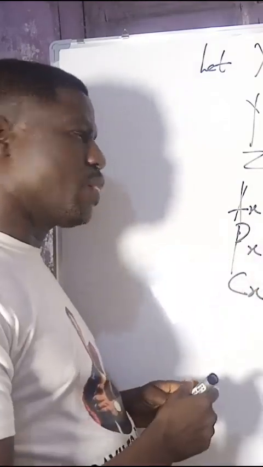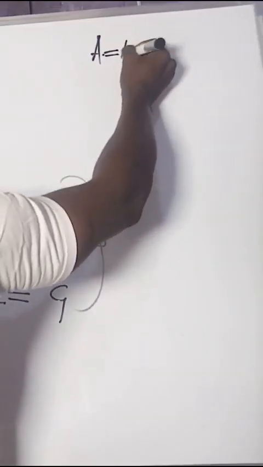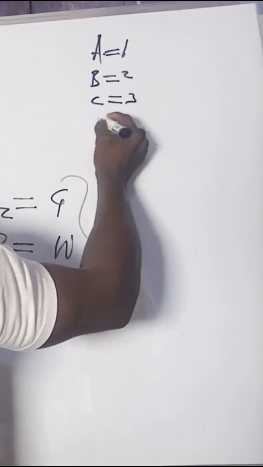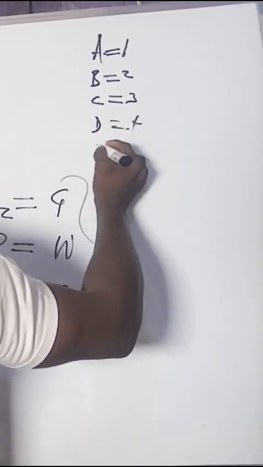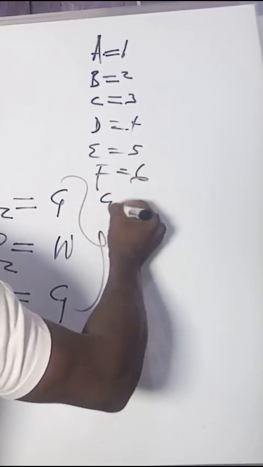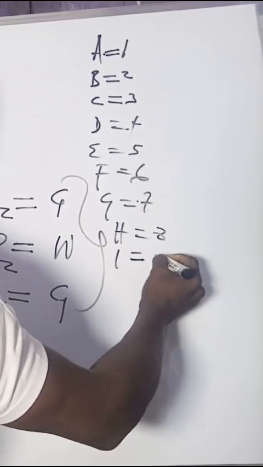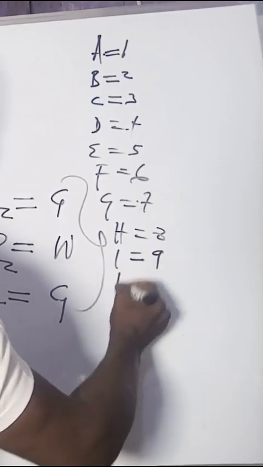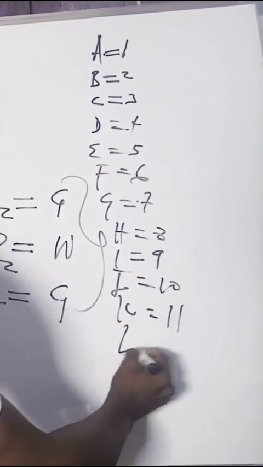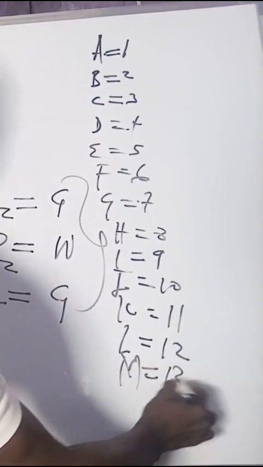In numerology, we are made to understand that A is equal to 1, B is equal to 2, C is equal to 3, D is equal to 4, E is equal to 5, F is equal to 6, G is equal to 7, H is equal to 8, I is equal to 9, J is equal to 10, K is equal to 11, L is equal to 12, M is equal to 13.